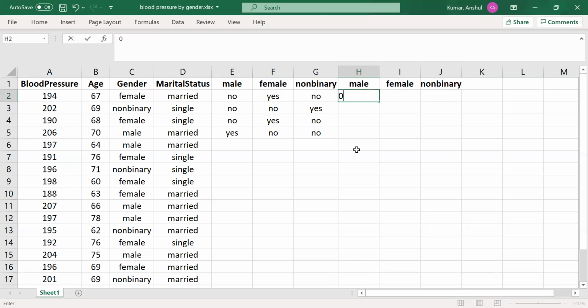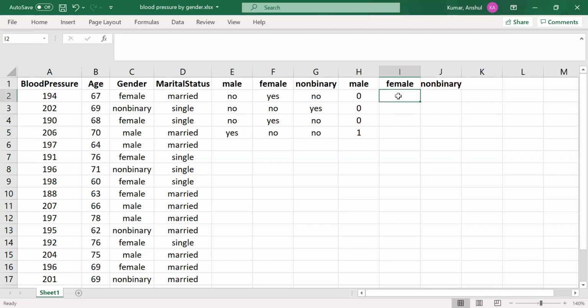So now a 0 means no, and a 1 means yes. So this column H here is meant to be equivalent to this column E here. And so I wrote 3 zeros, just like here we have 3 no's. And then I wrote a 1 here, meaning yes. So 0 means no, and 1 means yes.